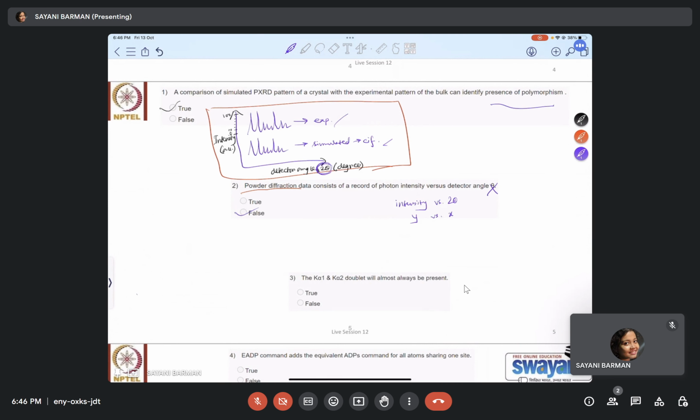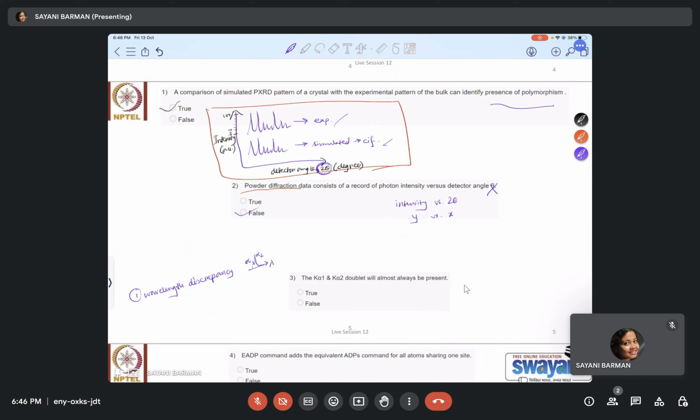I'll first write the reason: wavelength discrepancy, or the doublet lines. So it's like this. Say this is K alpha 1, this is K alpha 2. If this is wavelength, let's say, then this is alpha 1, this is alpha 2.